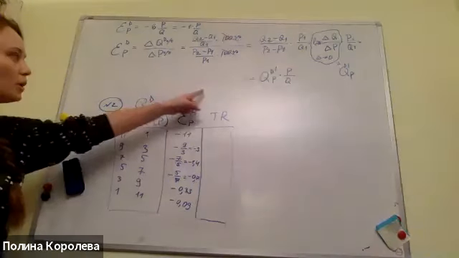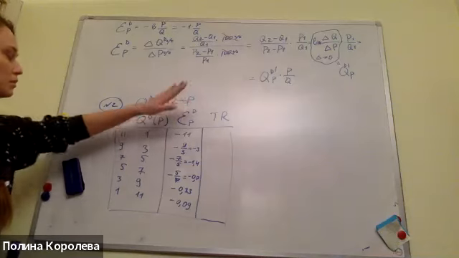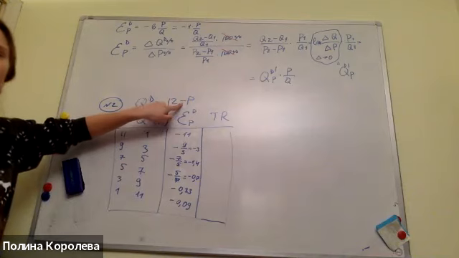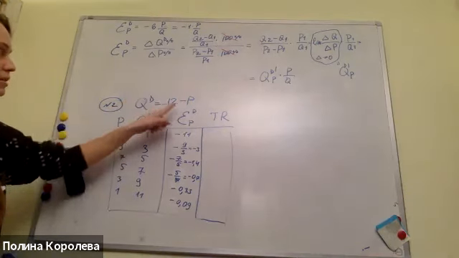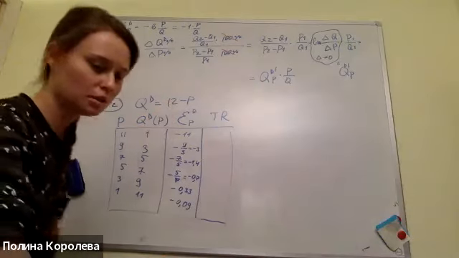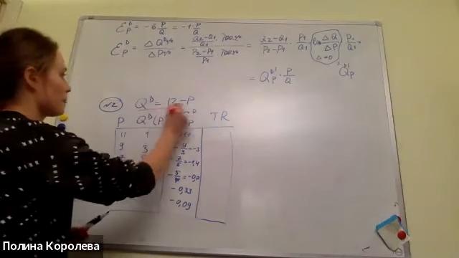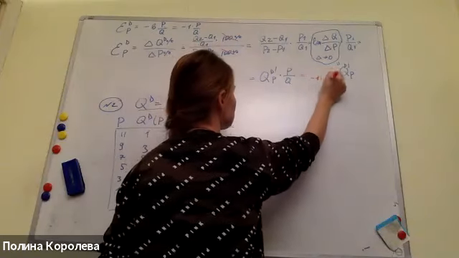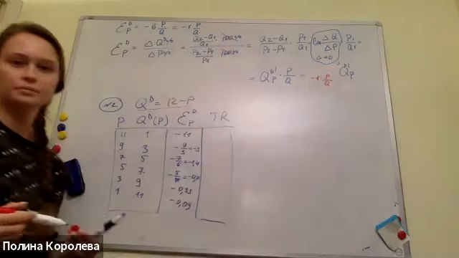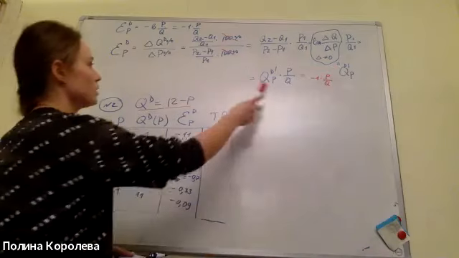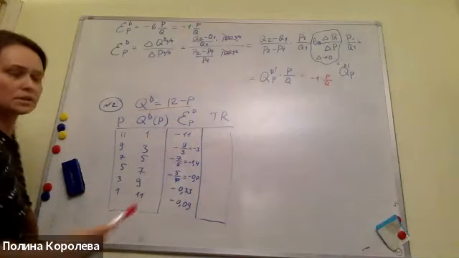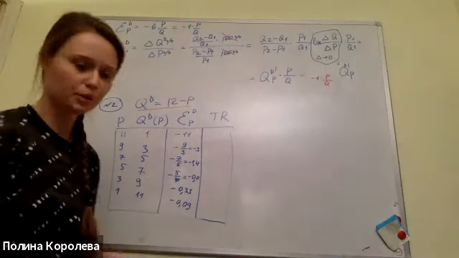And from our demand function, taking the derivative by price, it's minus 1. So for our demand function, we have minus 1 multiplied by price over quantity. And so we got this formula, and we found all these elasticities for the table.